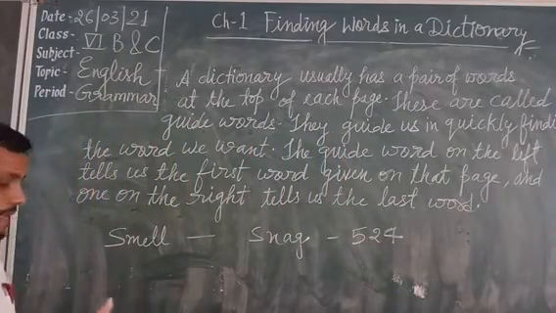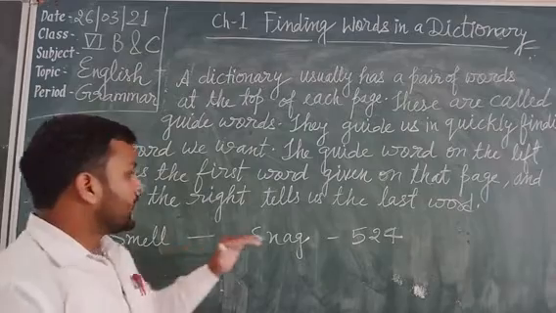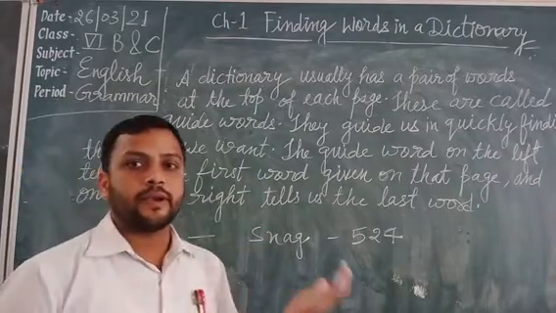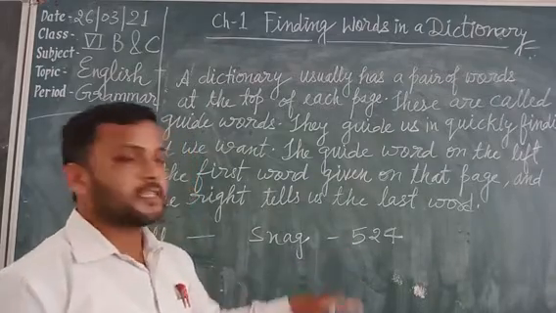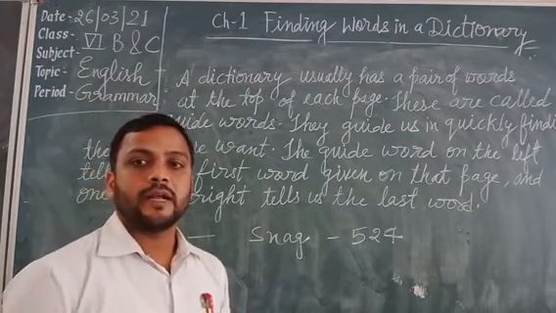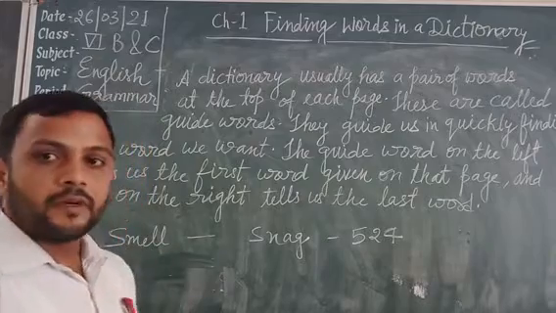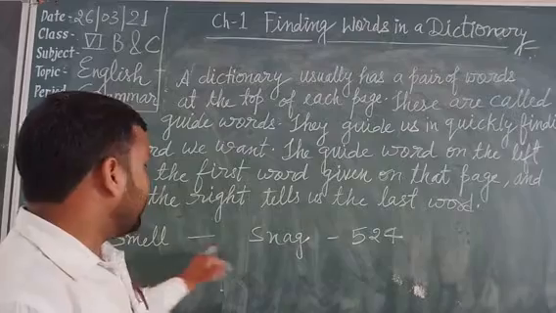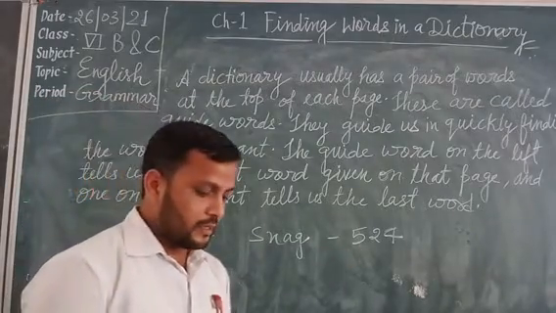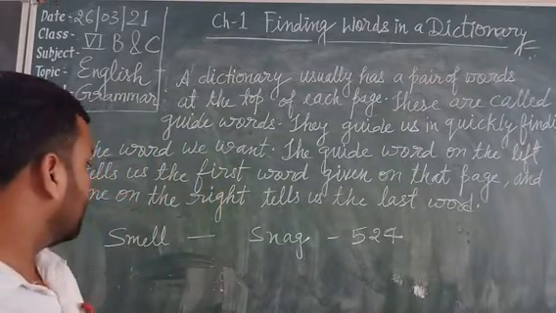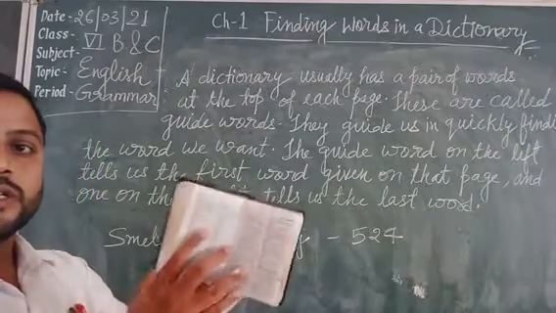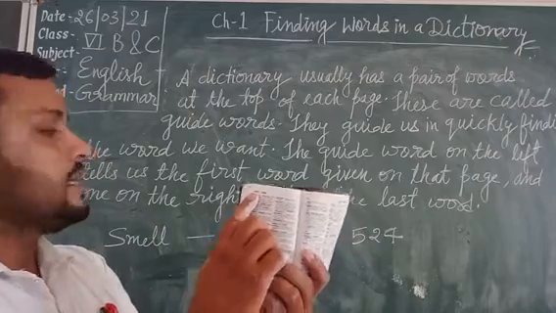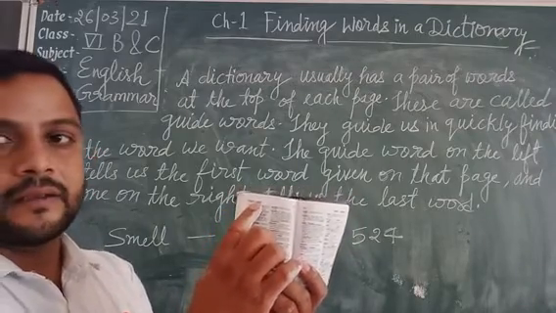Okay. For example, I have students. The guide words will be different in different types of dictionary, and the page number will also be different in different kinds of dictionary. You have other dictionaries, I have other dictionaries. I have a dictionary and I am going to show you. So in this dictionary, the guide words are smell and snag.